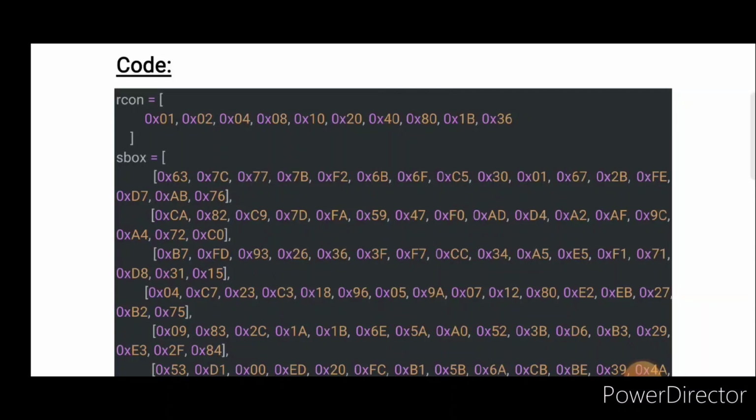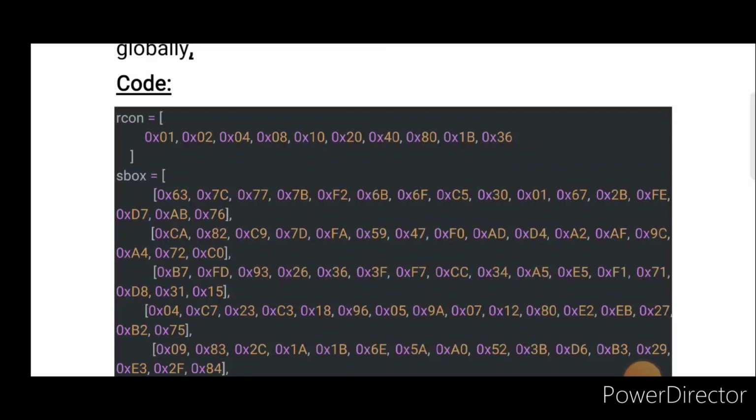In AES, each round key is derived from the previous round key, and RCON provides constants that are XORed with a certain byte during key expansion to add variability and security to the encryption process. And the values in RCON are predefined constants generated according to the AES specifications.